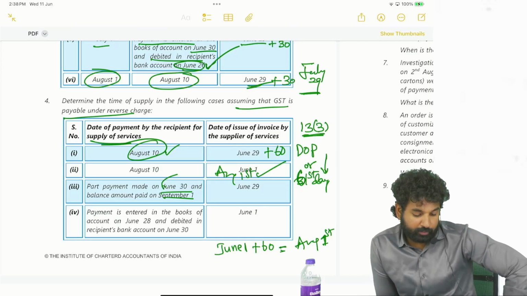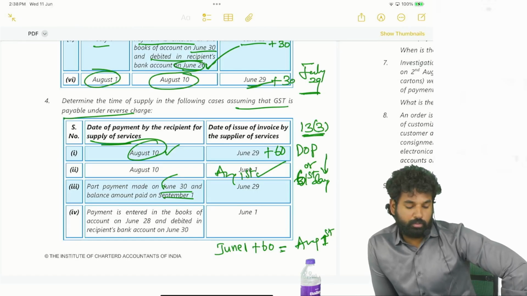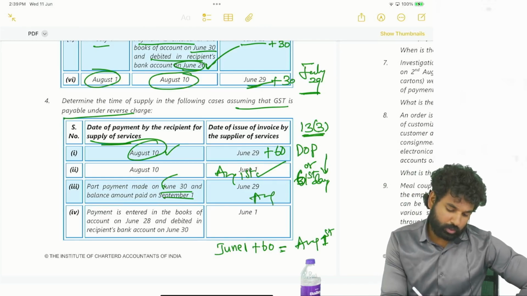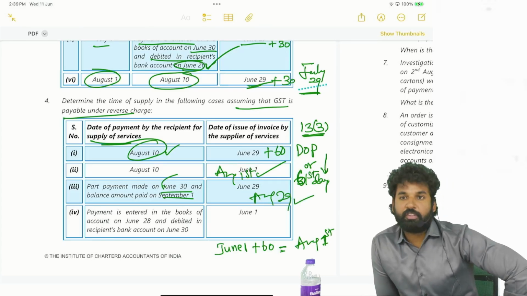June 29 to July 29, June 29 plus 30, July 29. August 29 it is coming, 61st day. So August 29 will be earlier than September 1st.